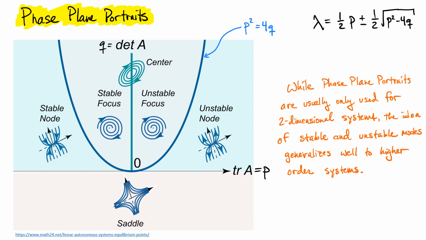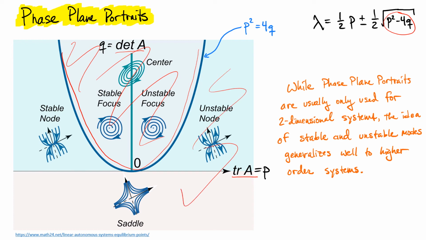An interesting way of presenting all of this information is on this plot of the trace of A versus the determinant of A. We know that when this discriminant is negative, we enter inside this parabola, which is this region, and that's when you get complex eigenvalues. When this discriminant is positive, you're outside and you get real-valued eigenvalues.